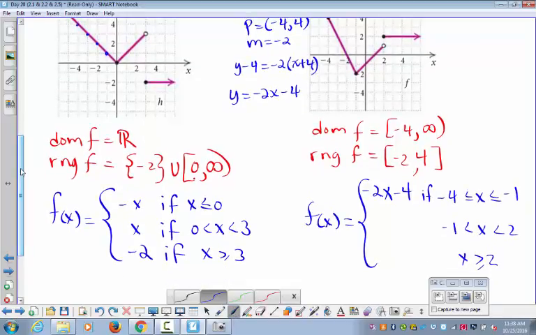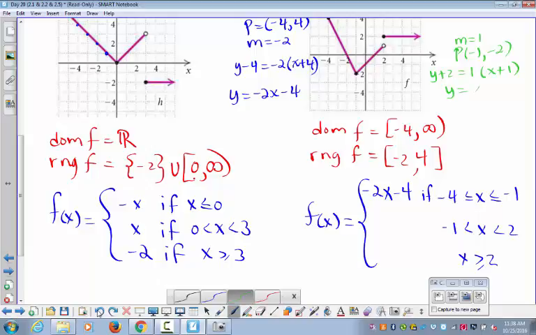The middle piece, let's go through that. Same idea. Okay, so the slope here is +1. And a point, let's pick (-1, -2). So again, it's y minus y1 equals slope times x minus x1.